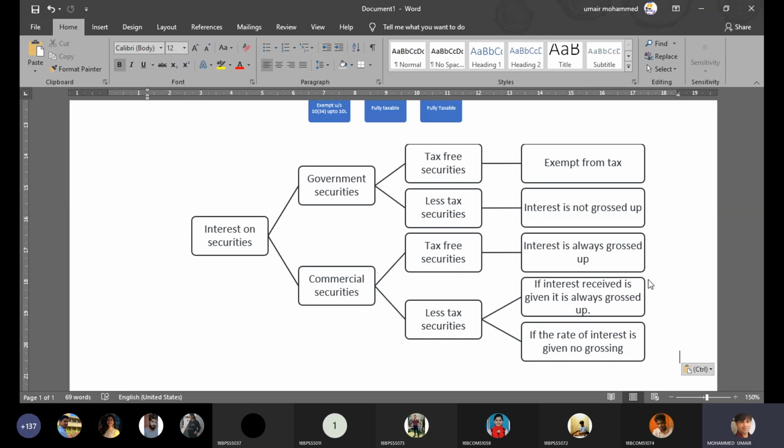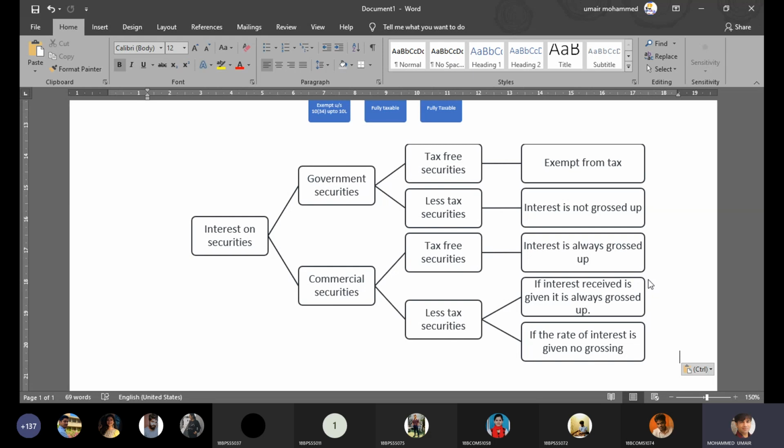So bonds or debentures issued by a municipal corporation like BBMP or a city development authority like BDA will also come under commercial securities. Generally, government does not issue debentures, so government securities include bonds issued by either central government or state government.